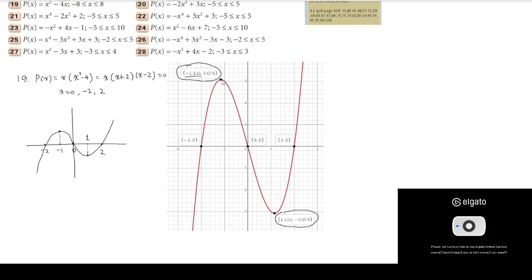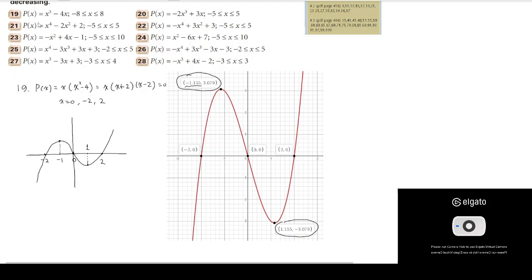In order for you to find the exact location of the local maximum and local minimum, you need to learn calculus. So wait until then. You should also do 21, 23, 25, 27.